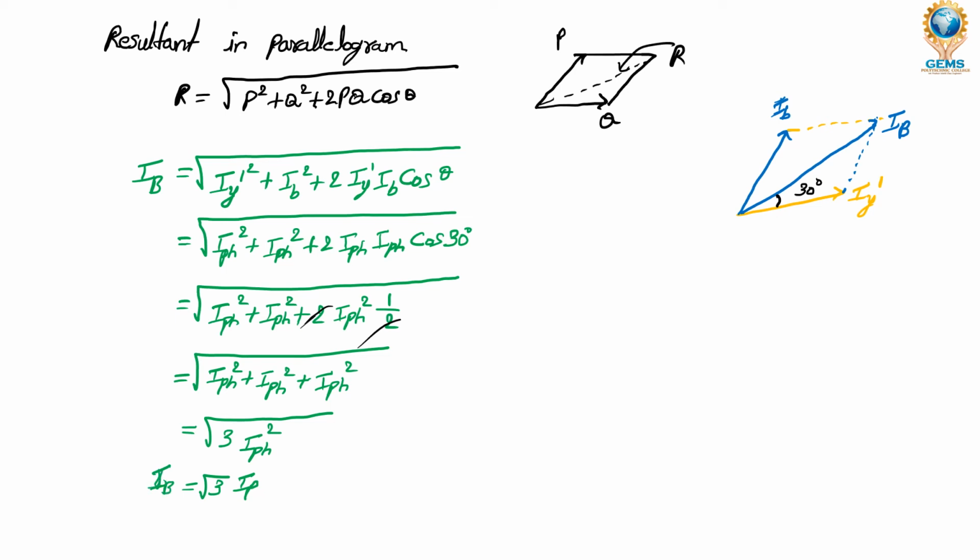IB equals root 3 into I phase. Now this is what we got. Sorry, IL. IL equals root 3 into I phase. This is the formula for currents.